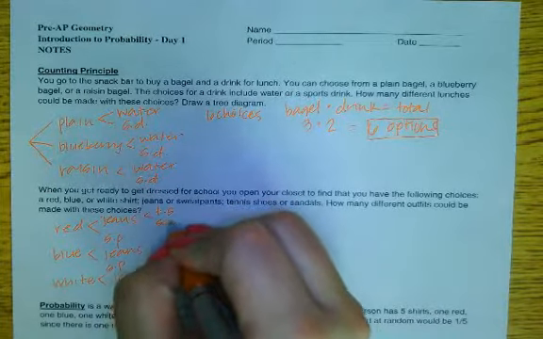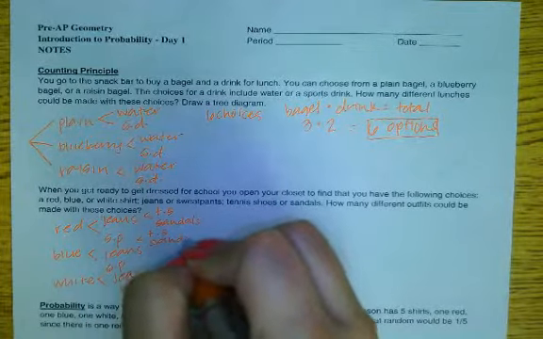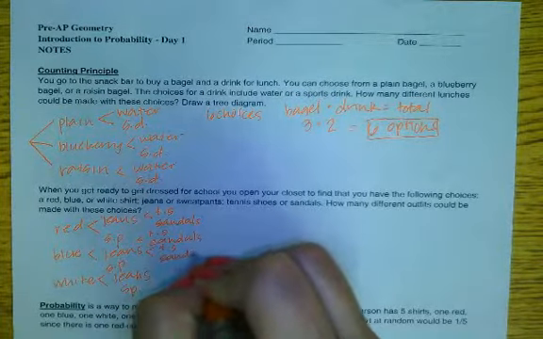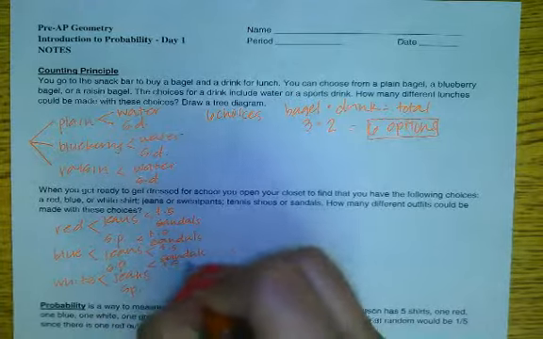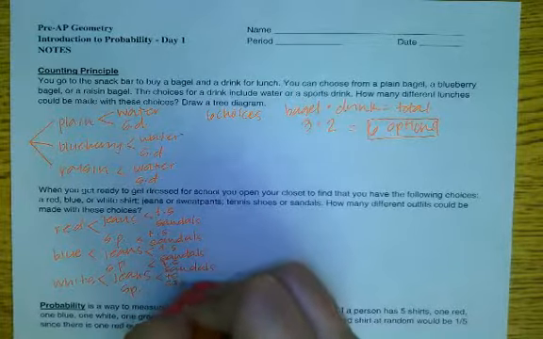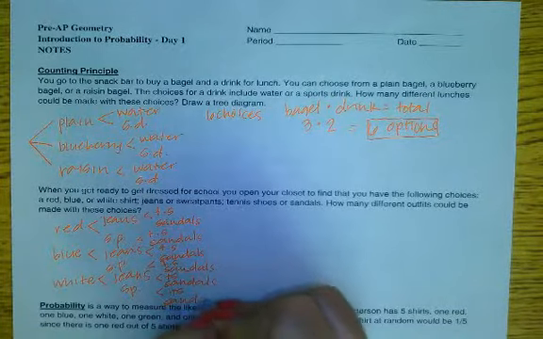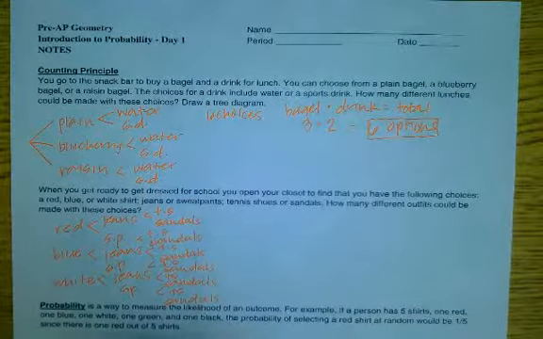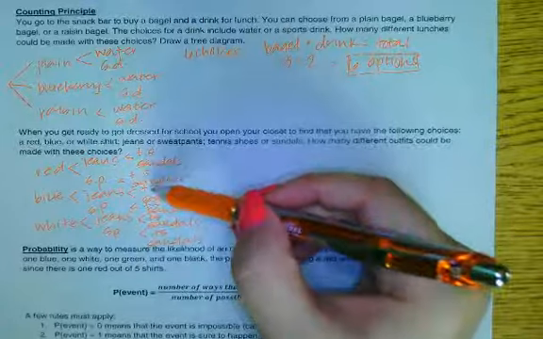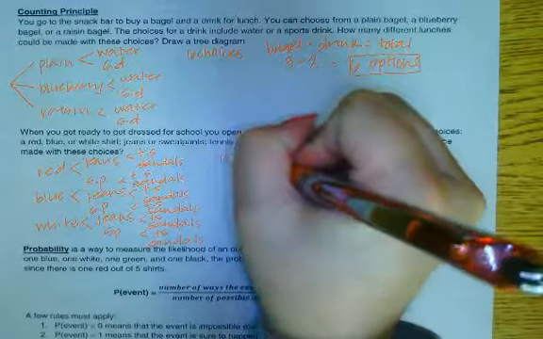So tennis shoes, sandals, tennis shoes, sandals, tennis shoes, sandals. I'm running out of room. So we have a total of 1, 2, 3, 4, 5, 6, 7, 8, 9, 10, 11, 12 combos. Or 12 outfits in this case.